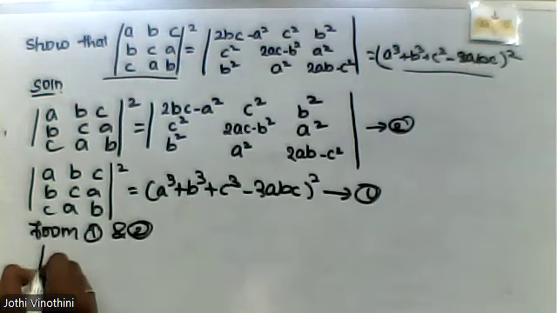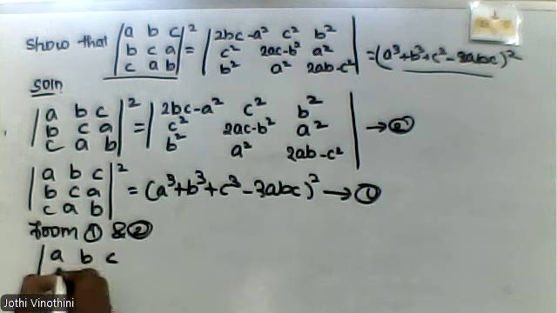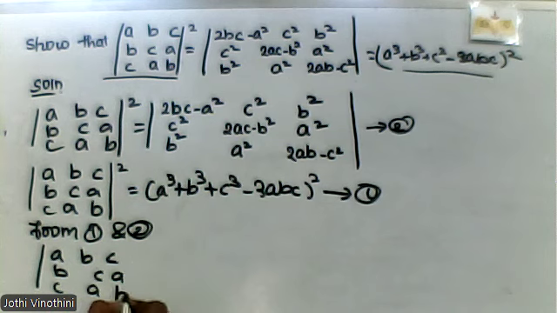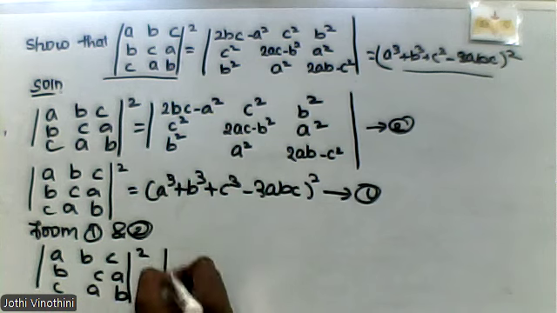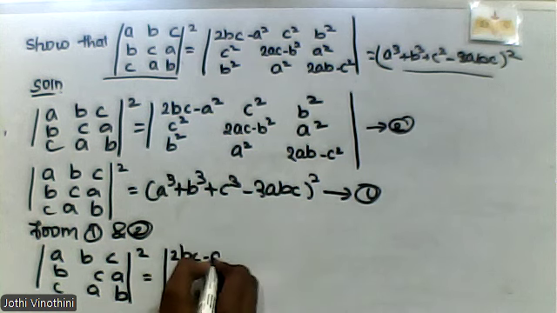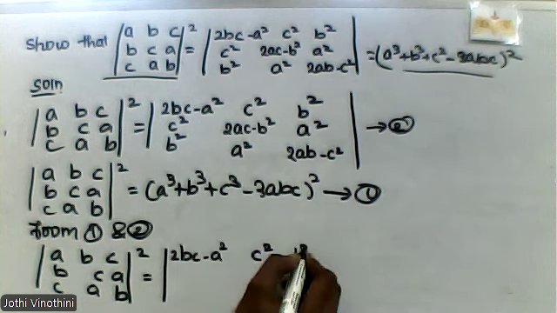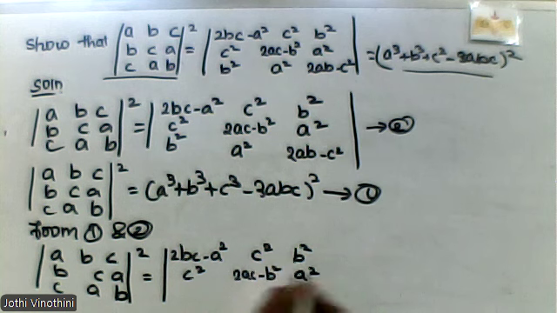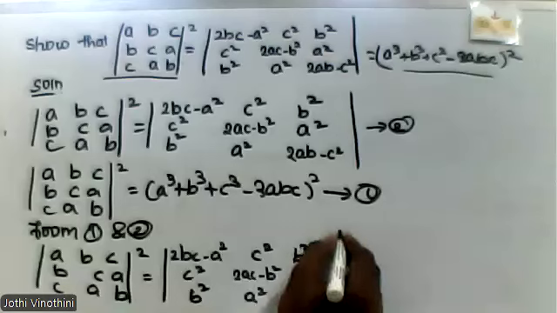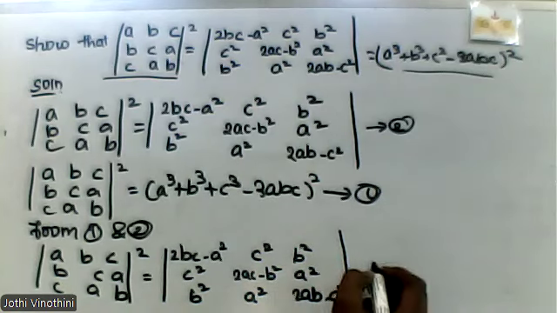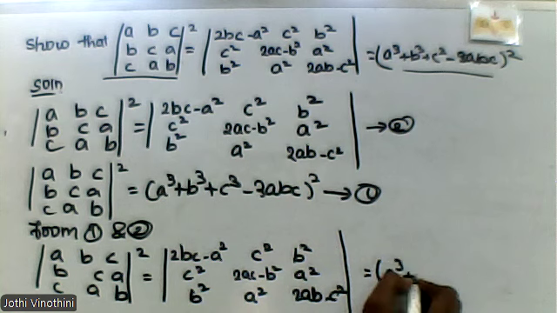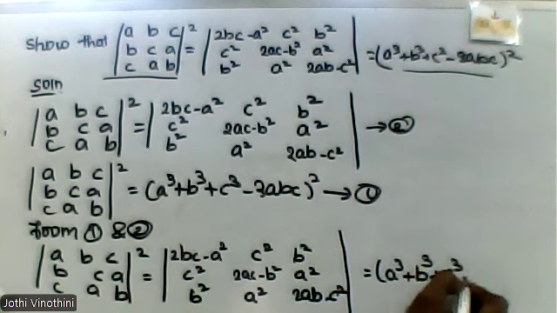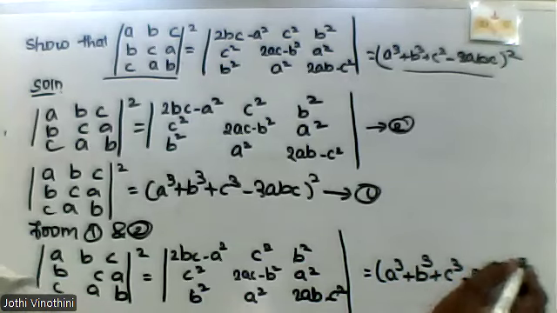So we can write the determinant, the whole square, equals the matrix with rows 2BC minus A squared, C squared, B squared; C squared, 2AC minus B squared, A squared; and B squared, A squared, 2AB minus C squared, which equals (a cube plus b cube plus c cube minus 3abc) the whole square.